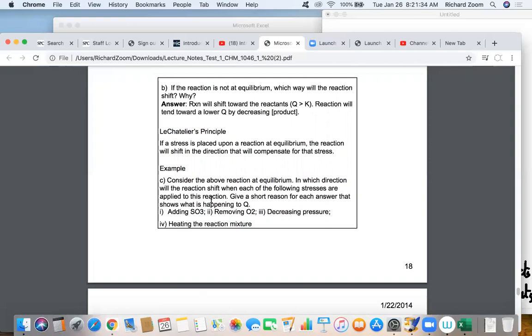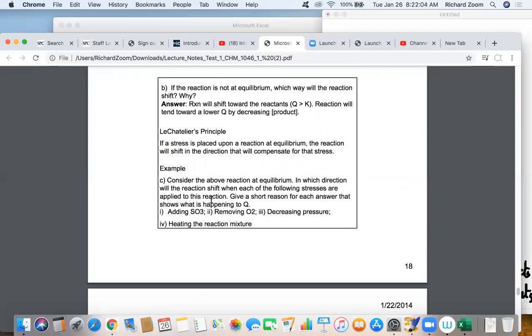So let's look at the example here. It says consider the above reaction at equilibrium. So now we're talking about the reaction at equilibrium. In which direction will the reaction shift when each of the following stresses are applied to this reaction? By applying any of these stresses, we're taking the reaction out of equilibrium, and the reaction is now going to want to come back to equilibrium by compensating for those issues.